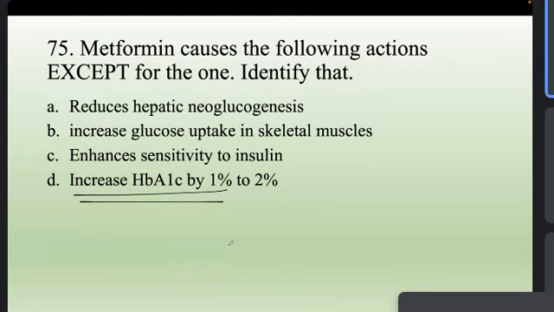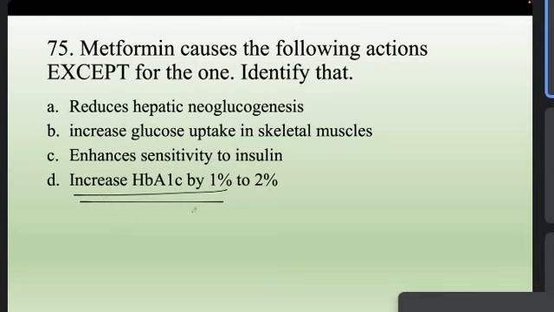So please remember to read all the options rightly. It does all the other things. It will reduce new formation of glucose in liver cells. It will uptake glucose into skeletal muscles. Then it will enhance the sensitivity to insulin. But it should basically decrease your HbA1c by 1 to 2%.